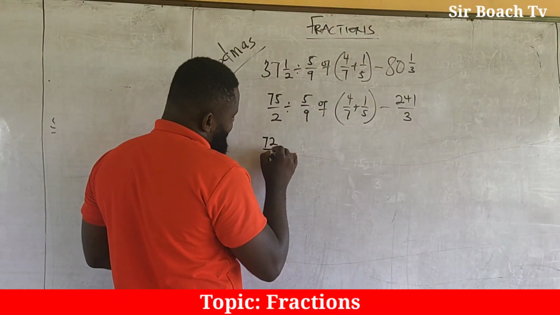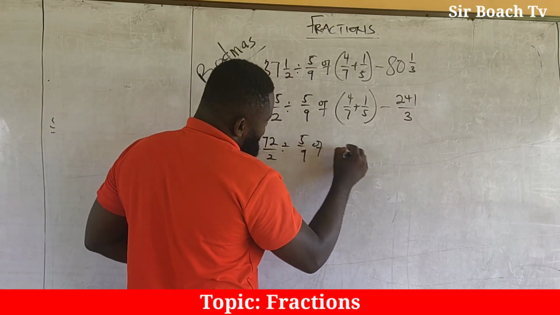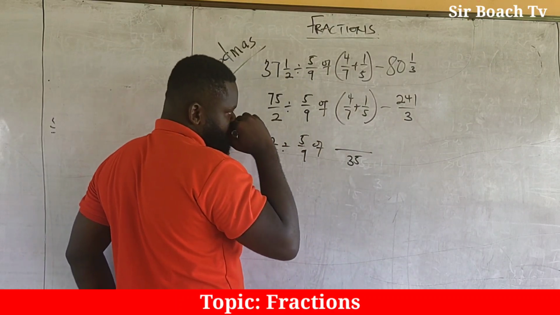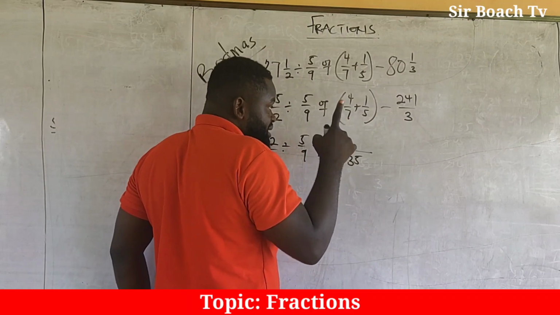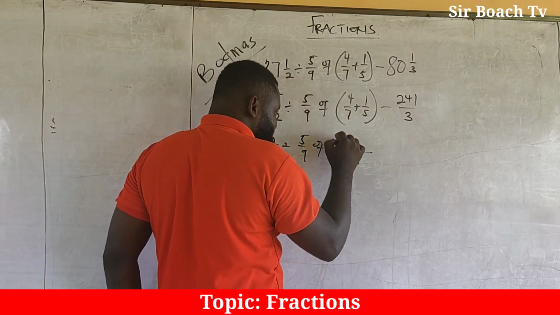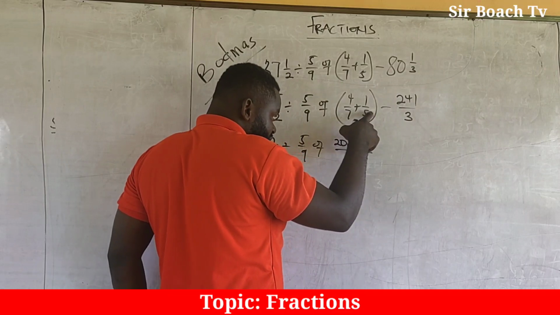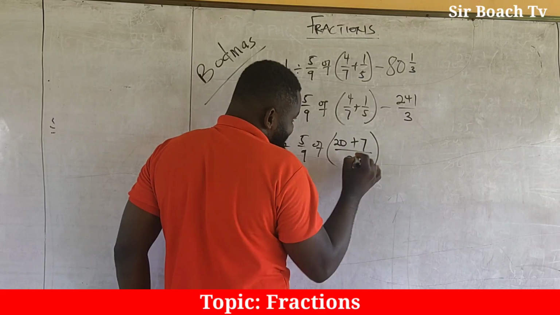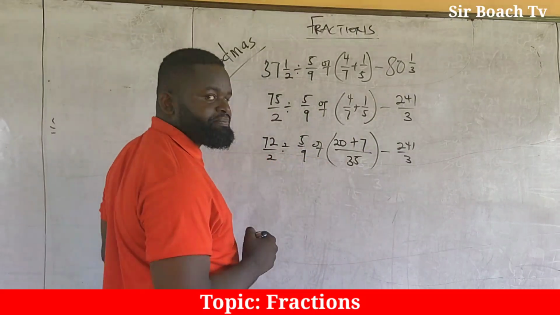So 75 over 2 divided by 5 on 9 of. Now the LCM here gives me 35. Now 7 goes to 35 5 times. 5 times 4 is 20 plus 5 goes to 35 7 times. 7 times 1 is 7 in the bracket minus 241 over 3.